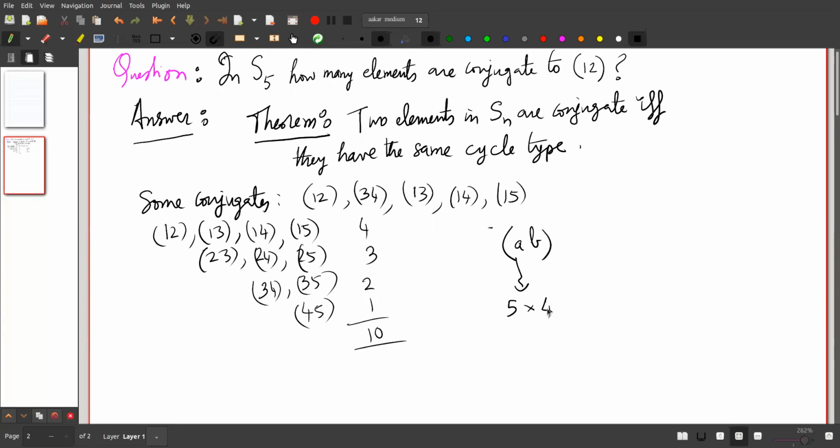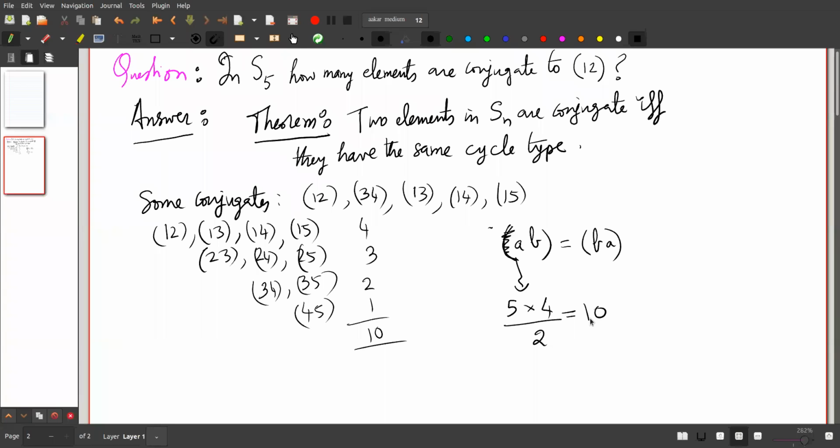Why divided by 2? Because (A B) equals (B A). Very good. So that's another way of doing it. Observe that this will also appear as (B A). So 5 times 4 divided by 2, this is the right answer.